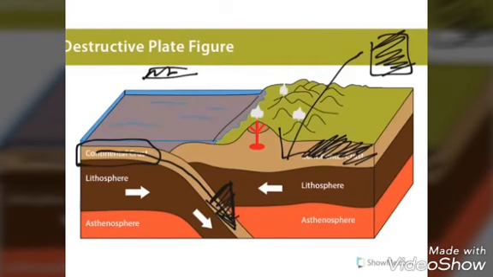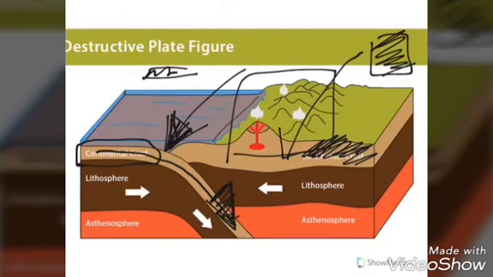Now when that happens, it creates something called a subduction zone. That's here, that's that dip there. Alright? So it's buckled, it's gone underneath. As this happens then, it creates a mountain range. Okay? And as this crust starts to go underneath, it starts to melt and form new magma.